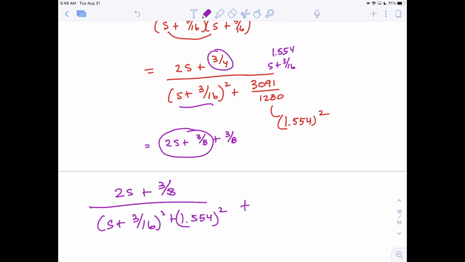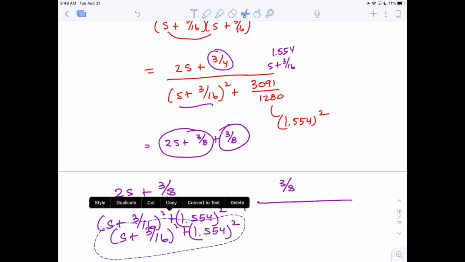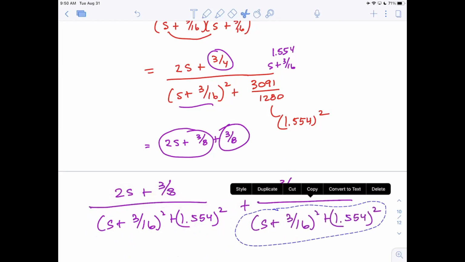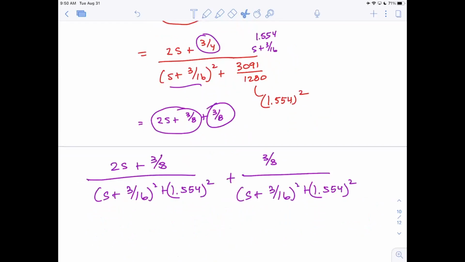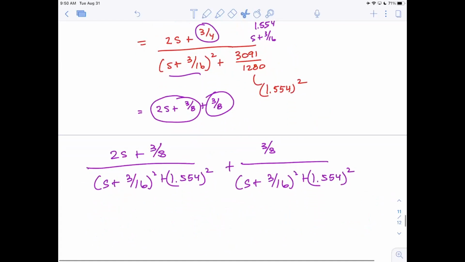And then plus the other 3/8 over the top of everything. So basically, this Laplace transform is not very nice if the problem isn't canned.